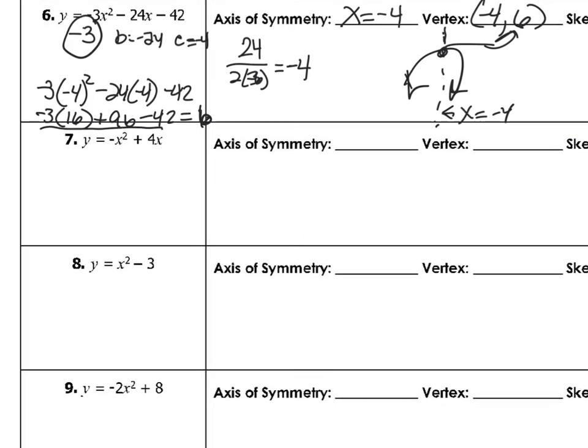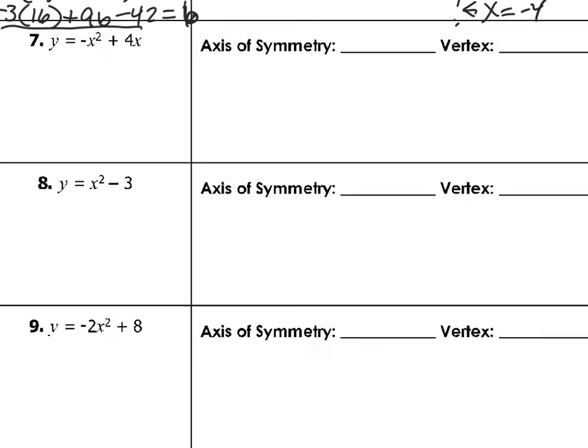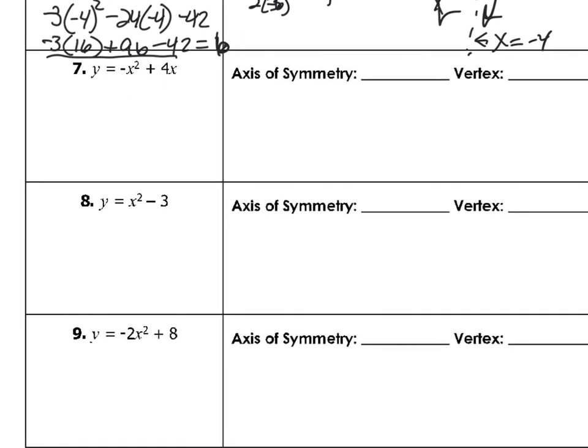Okay. Well, let's do one more here. All right, this one, we only have 2 terms. So it's x squared minus 3. Remember, our general form is y equals ax squared plus bx plus c. Well, I've got an a and I've got a c.